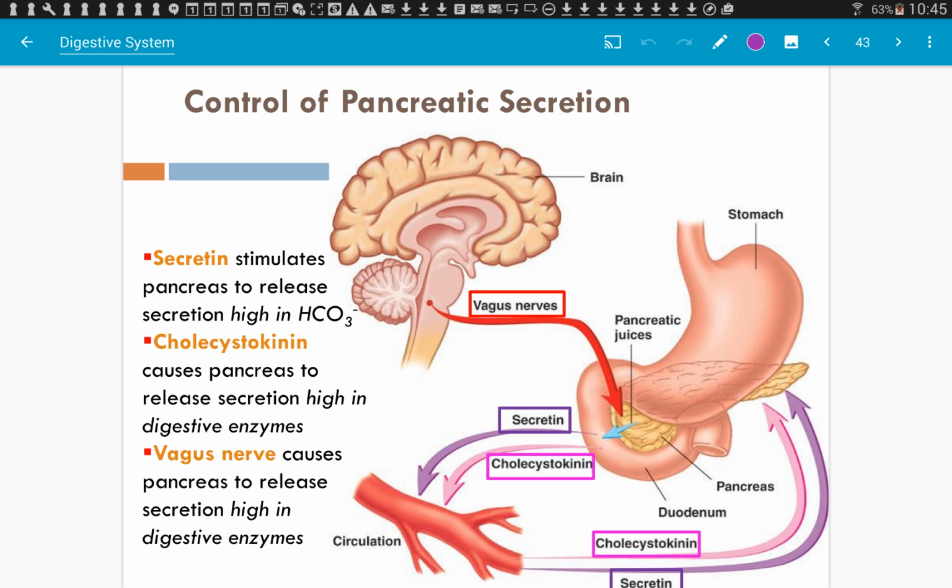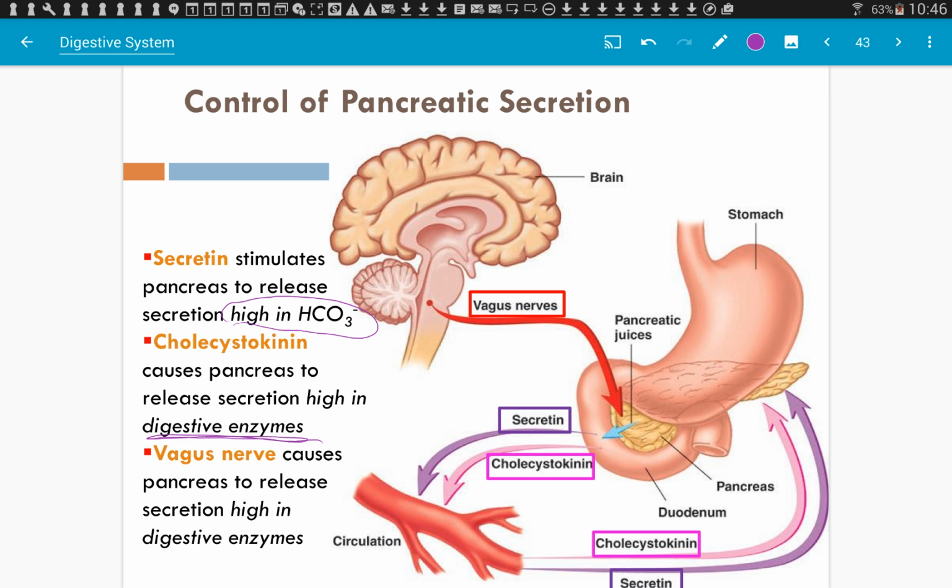So secretin, when we're talking about the pancreas, tells the pancreas to secrete bicarbonate. Bicarbonate helps neutralize acids, okay? We don't want acid in our duodenum, so it helps with that reduction of acid. Cholecystokinin, its effect on the pancreas, tells the pancreas to release lots of digestive enzymes.